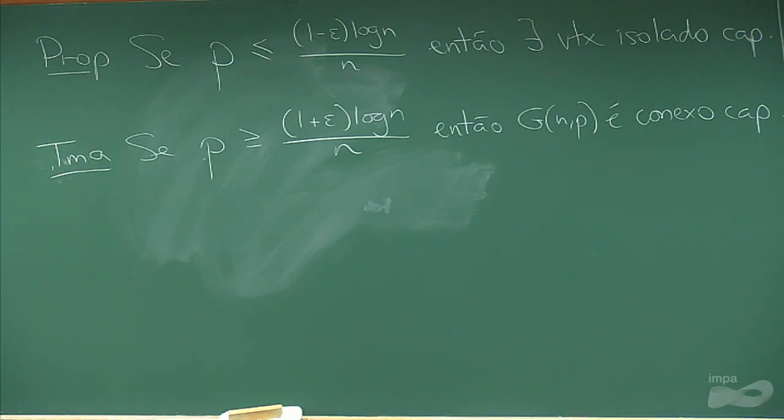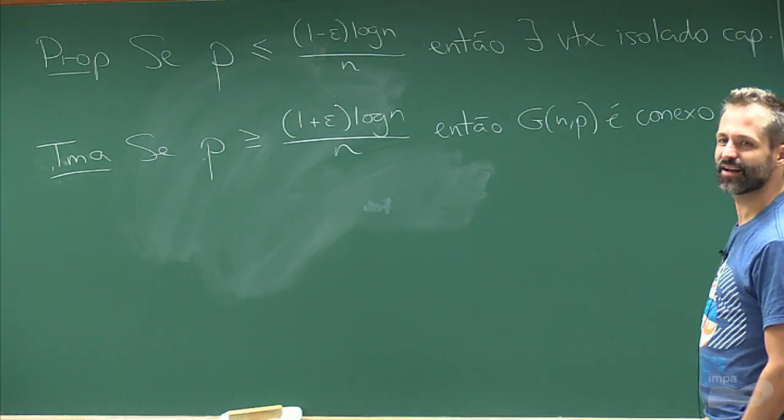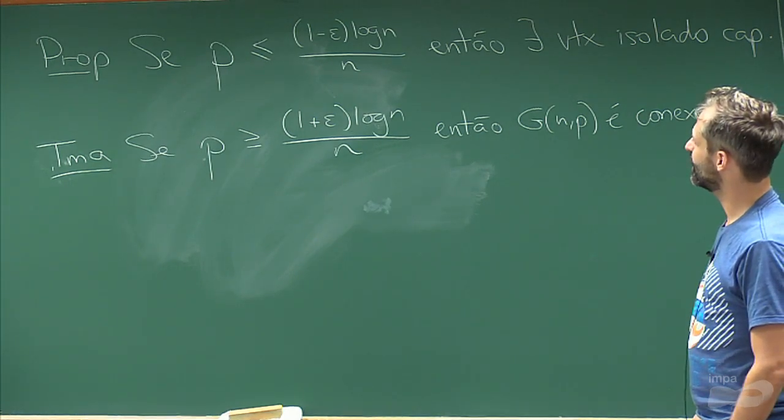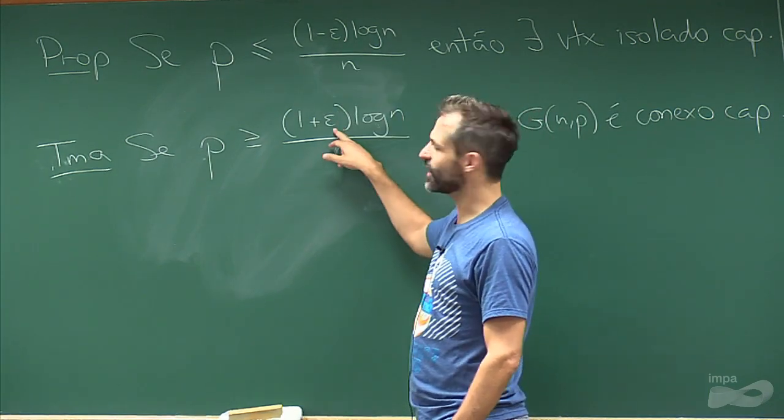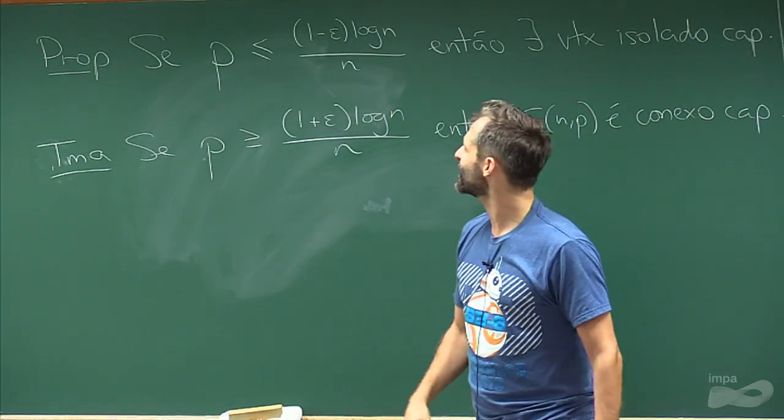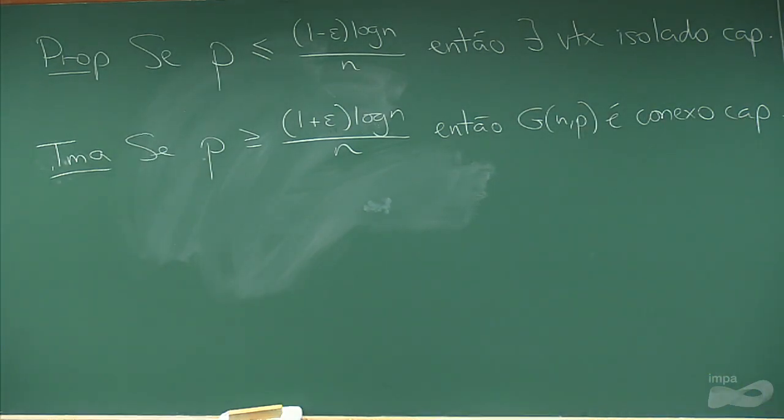So in this precise sense, isolated vertices are the obstruction for connectivity. Here epsilon is positive and fixed, and then n tends to infinity.